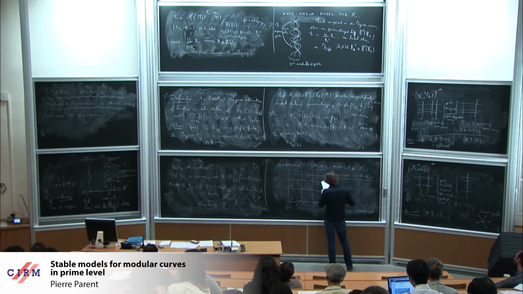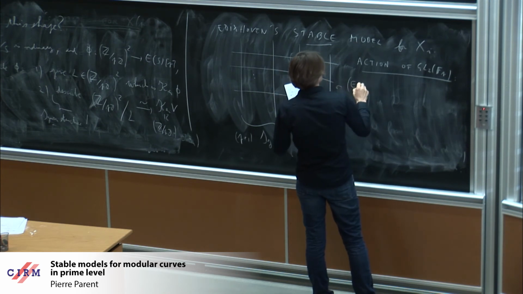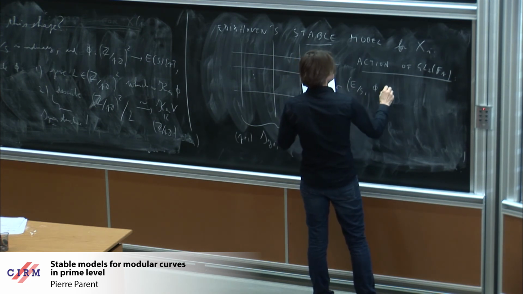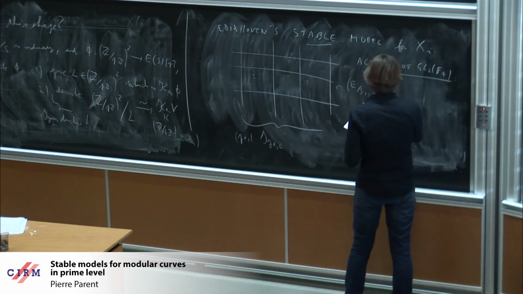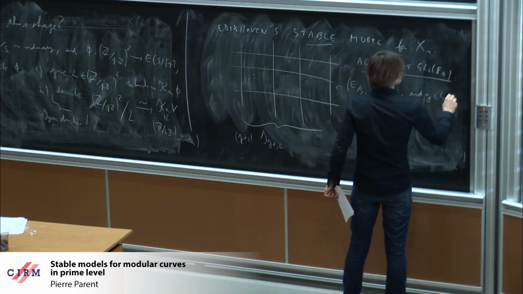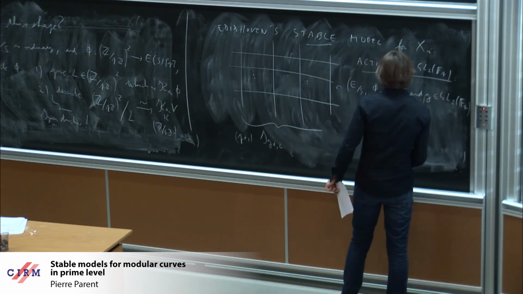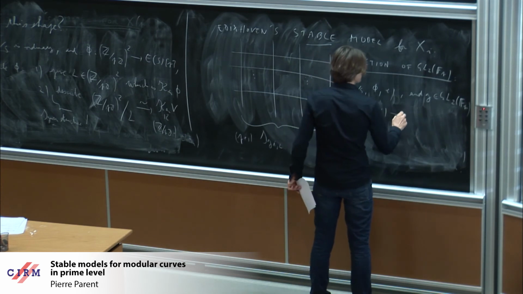Well, we can again do that modularly. If we have an elliptic curve with a Gamma(p) structure phi, and if we have an element G in GL2 of Fp, then what is the modular interpretation of the action of G on this object?